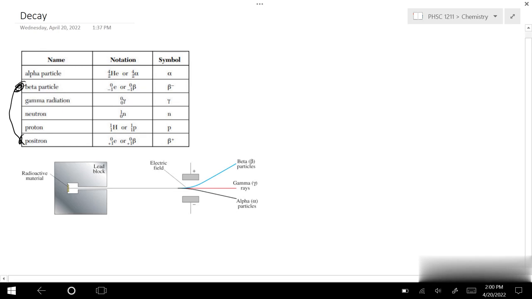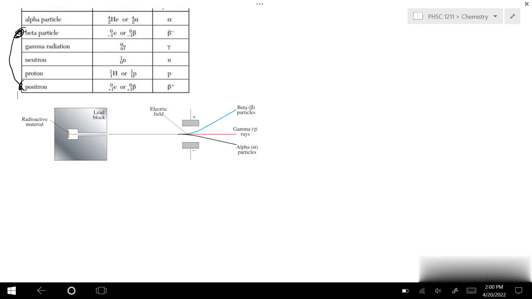The beta negative produces an electron, beta positive produces a positron. I know some books and some people keep them separate, but if you understand what's going on, that's the main thing. Gamma radiation, we've talked about. Neutrons and protons are the byproducts, so we're not going to get into those in great detail when we look at these decays.